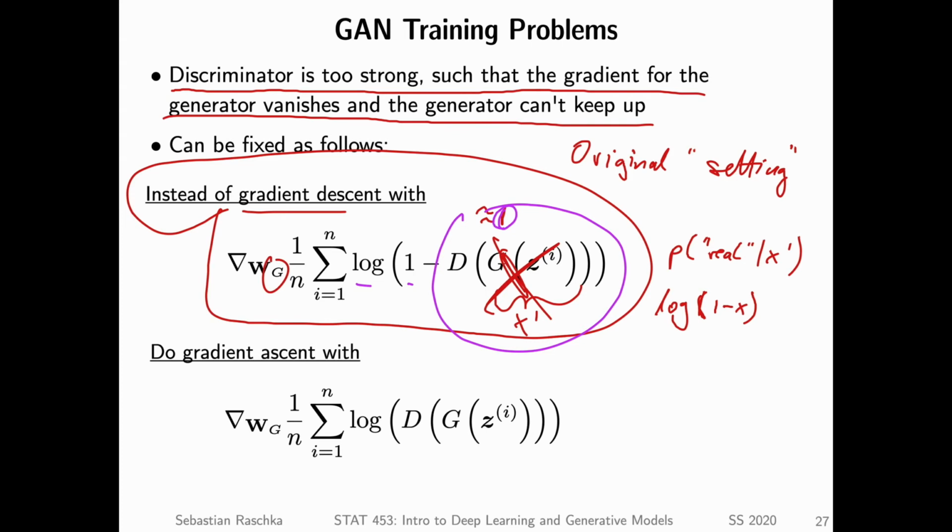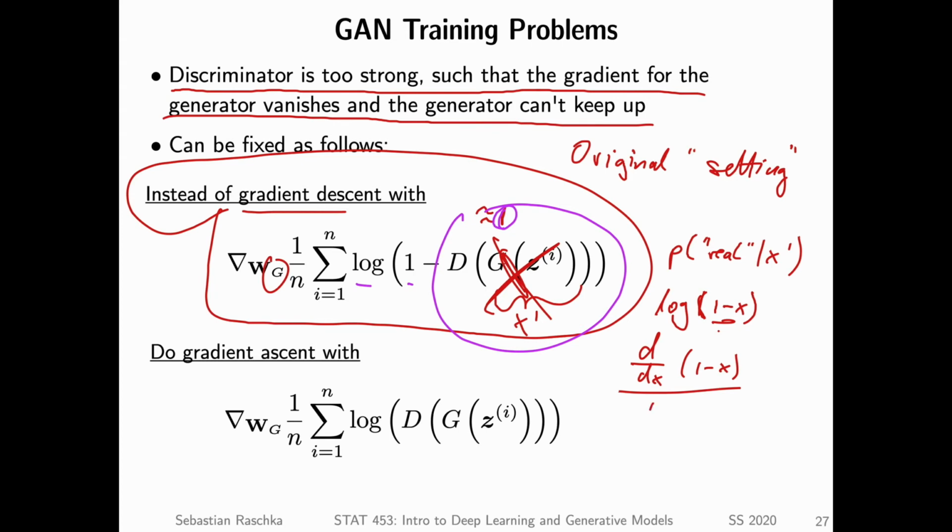So for that we would use our good old friend, the chain rule, and then have the outer times the inner derivative. The outer derivative is the log, so the derivative of log x is 1 over x. So it's the inner part from the chain rule, the derivative of that one, and the outer derivative would be 1 over whatever is inside the log.